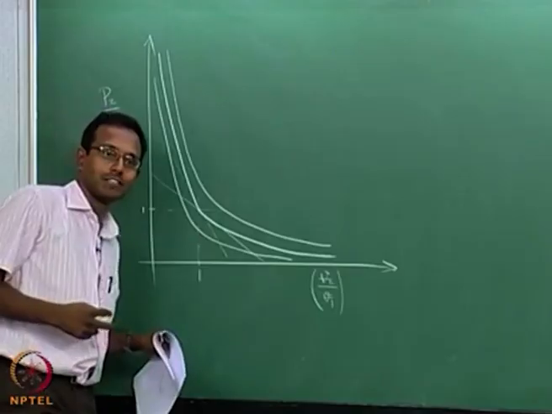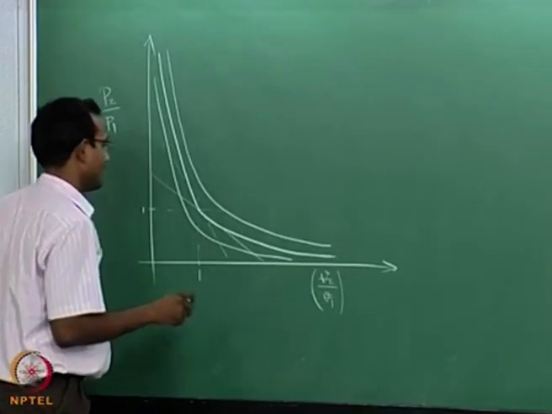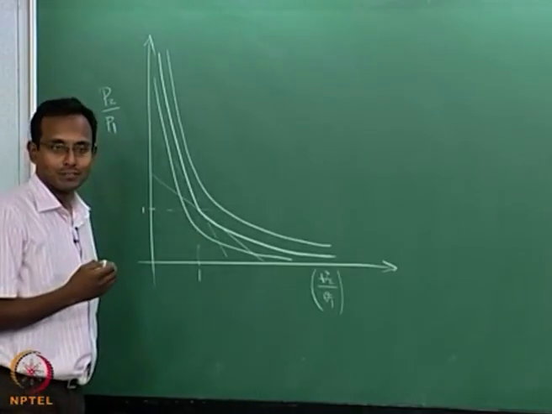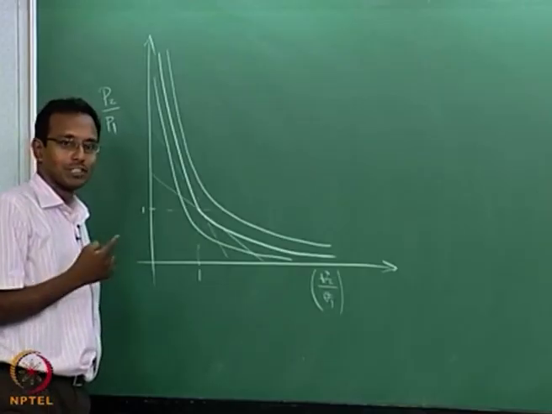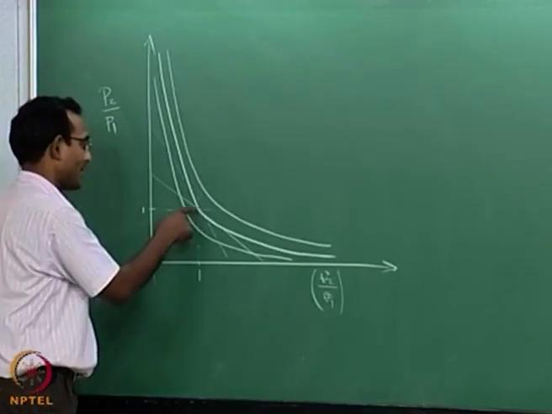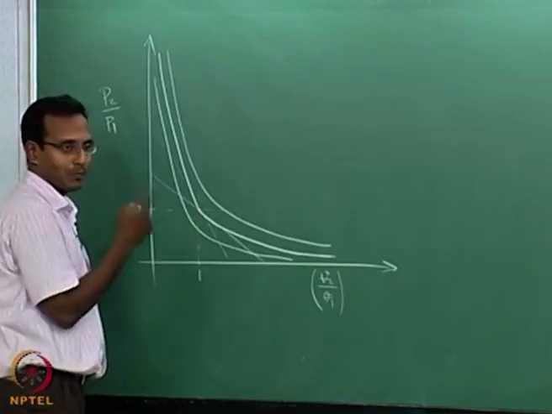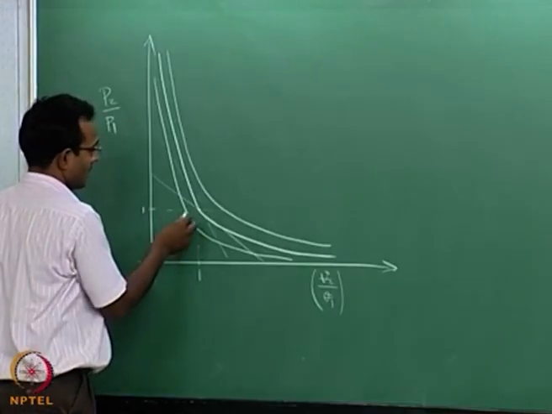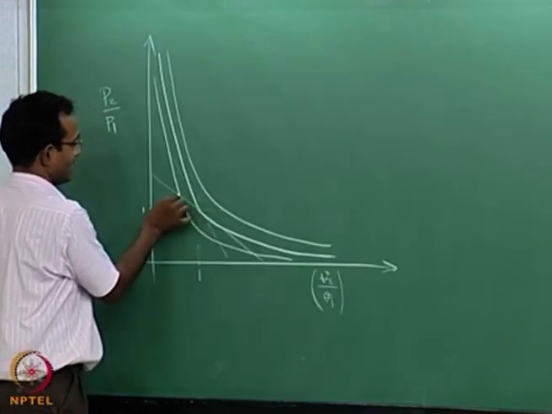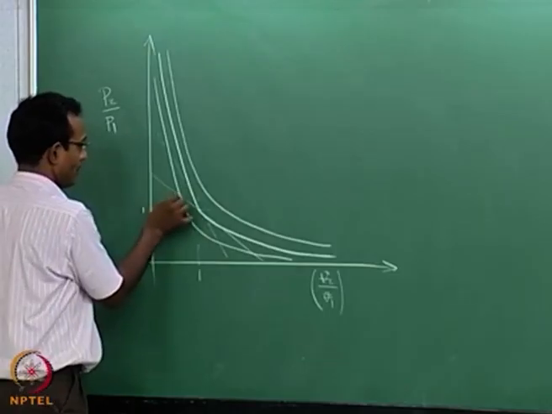This is where we stopped last time, and we found that the actual solution for the problem will be the position 2. We started at 1 and we had to end with 2. The P2 V2 will be the intersection of the Rayleigh line and the Hugoniot curve.